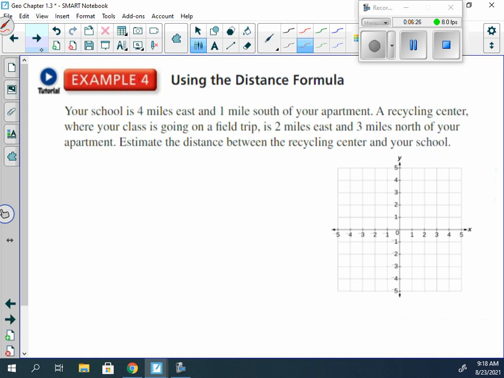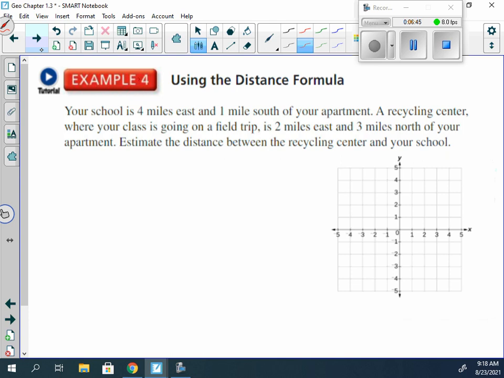Your school is 4 miles east and 1 mile south of your apartment. A recycling center where your class is going on a field trip is 2 miles east and 3 miles north of your apartment. Estimate the distance between the recycling center and your school.